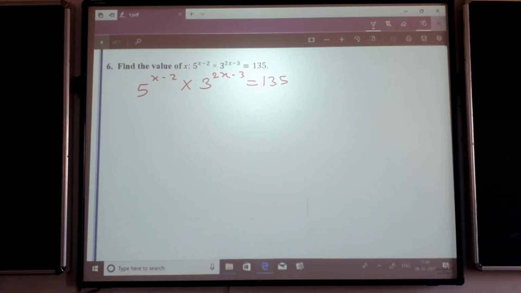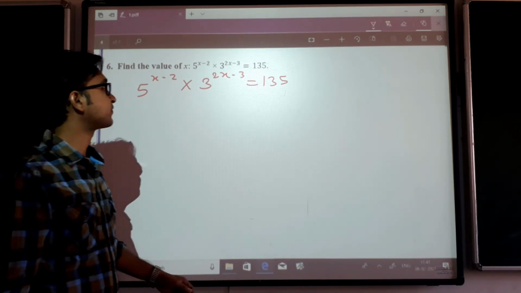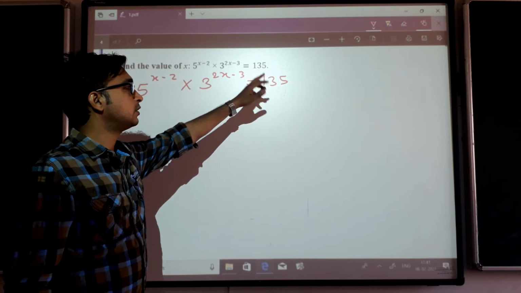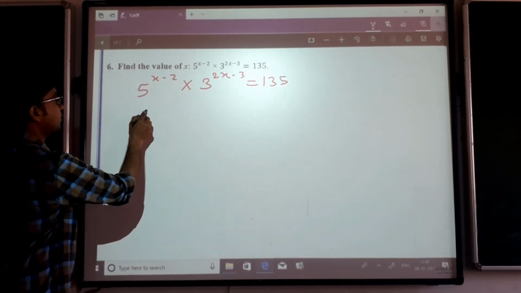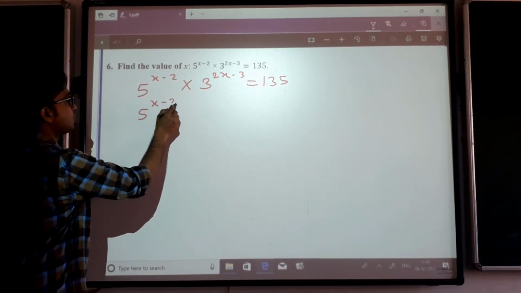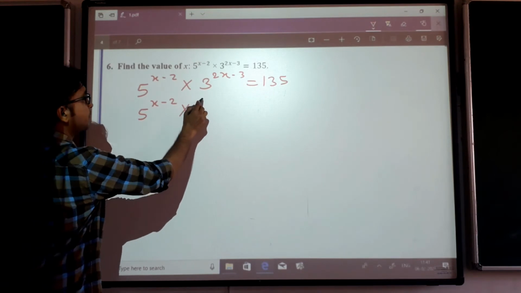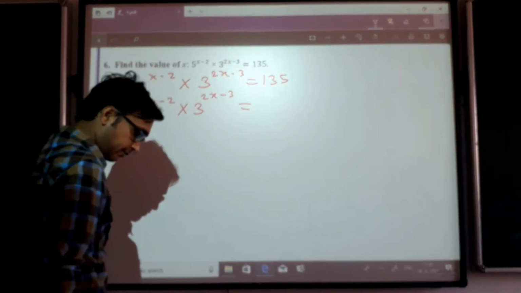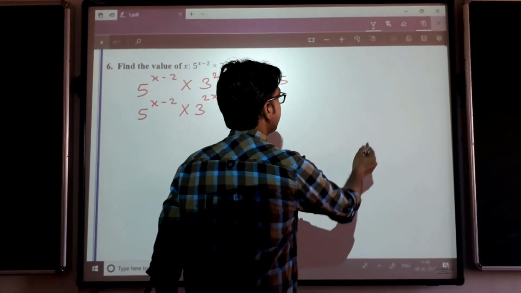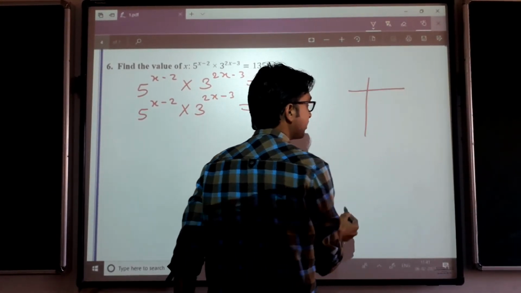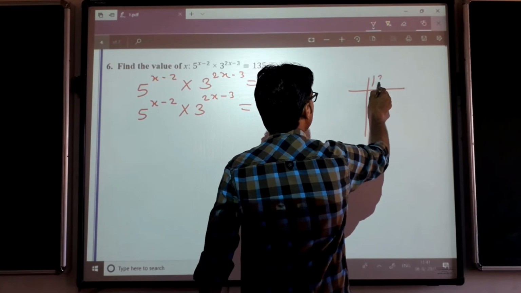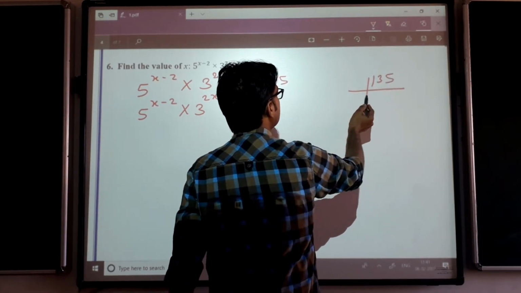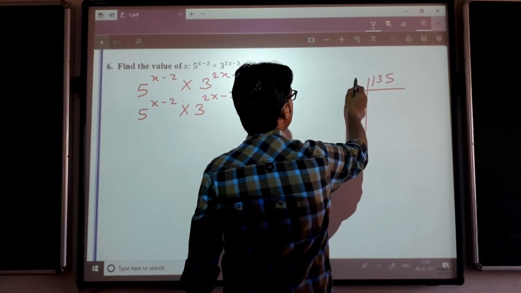So first we will find out the exponential form of 135. So right here 5 is raised to x minus 2 multiply with 3 is raised to 2x minus 3 equals to, let's find out exponential form of 135. So this can be found by doing the prime factorization. So 135, we can divide it by 3.